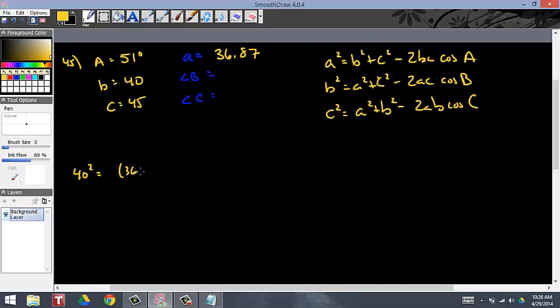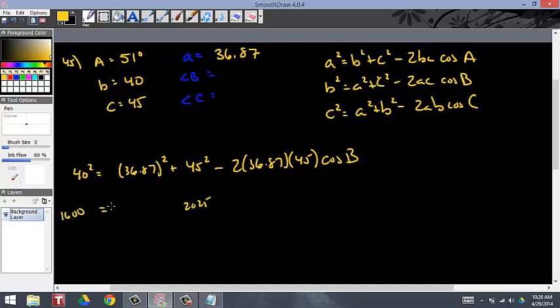We found 36.87 squared plus c squared, which is 45 squared, minus 2 times 36.87 times c, 45, and then cosine of b. Okay, so this was 2025, and then this is 1600. So now I have to figure out 36.87 squared.